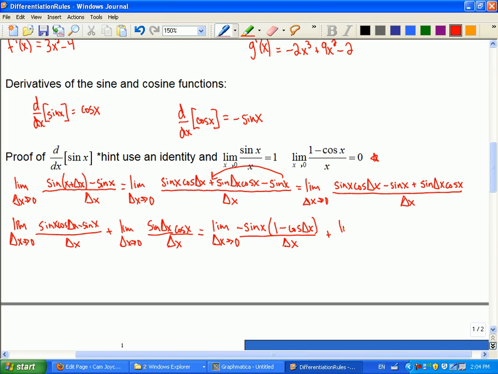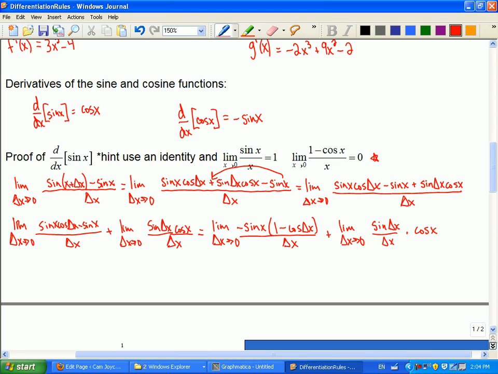So at this point, you should recognize one of the limits I just wrote down, and you should recognize this limit as well. Yes, does the limit still apply? Yeah, of course. So what do you recognize here? What's one of the limits you recognize?